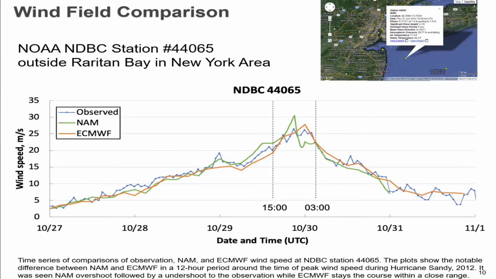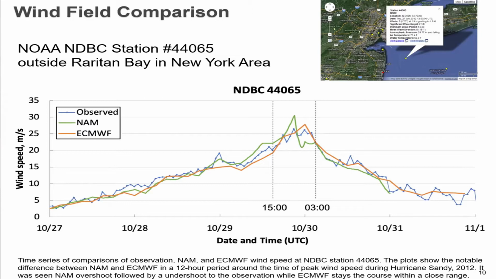In the figure, you can see the observation is shown by blue, and the NAM wind field compared near the station shown on the right-hand side, upper right corner, just off the New York City coast. And the orange shows ECMWF.